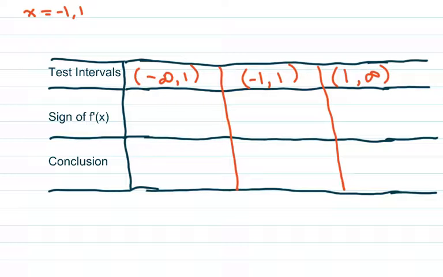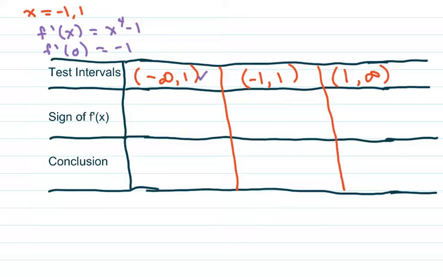And we're going to plug in numbers there. So if I take my derivative, f prime, it's going to be x to the fourth minus 1, and I plug in a number for this first interval. So if I plug in 0, I'm going to get negative 1.